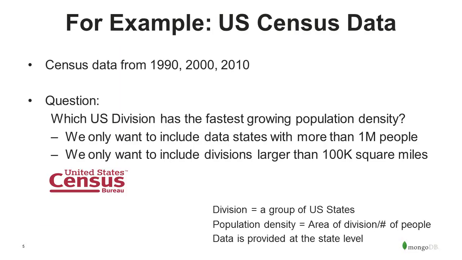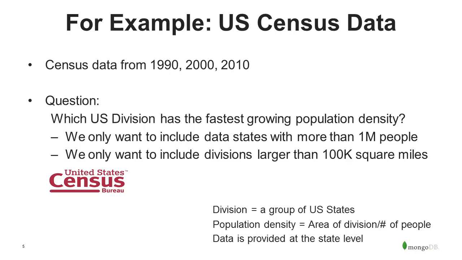We're going to try to drive toward asking a fairly complicated question out of this data set. We'd like to find which division in the United States has the fastest growing population density, where this density is basically the area of a division.